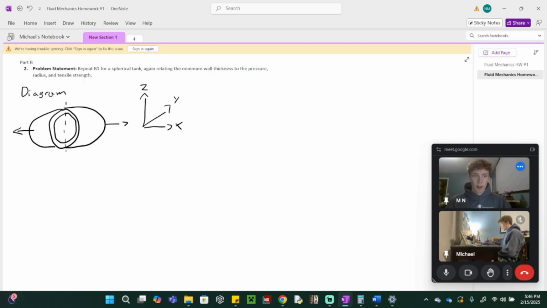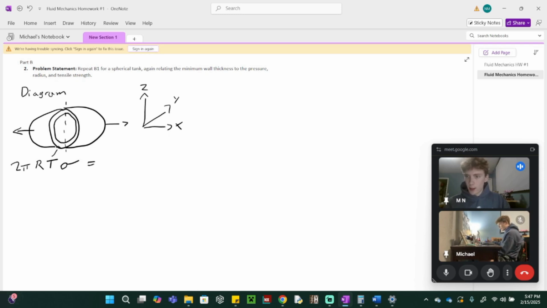So the first thing we got to do is figure out what this area is right here. So this area is equal to 2 pi r, r being our radius, times our wall thickness, t. And the force needed to pull our two hemispheres apart is this times our tensile strength, sigma.